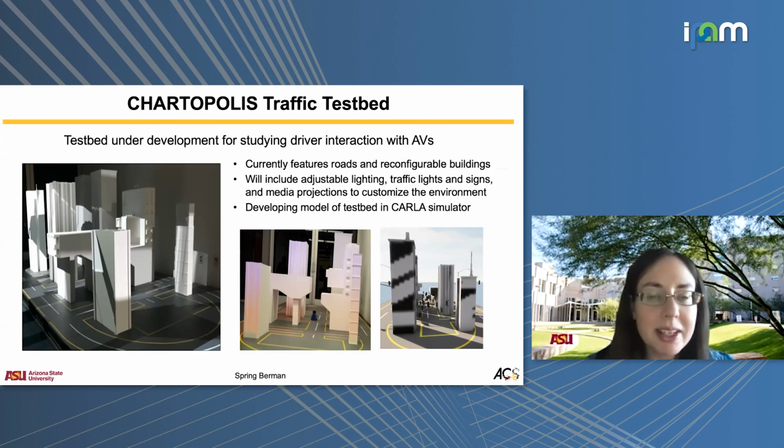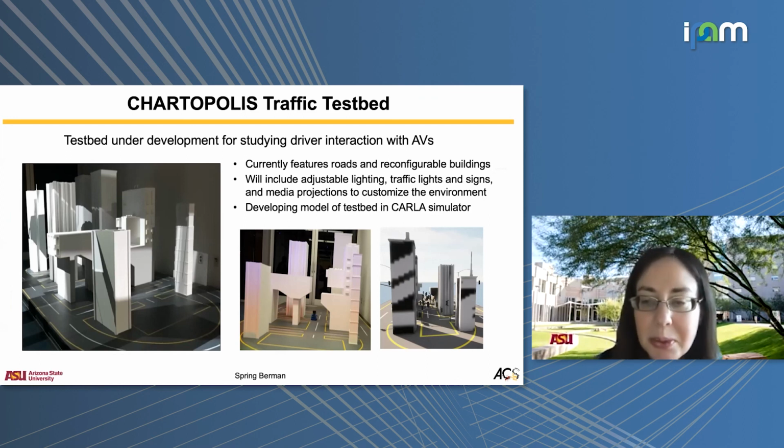It will include adjustable lighting, traffic signs, media projections to customize the environment. Right now you can see it can cast shadows, and we could do all sorts of testing for autonomous navigation in, for instance, low lighting environments.